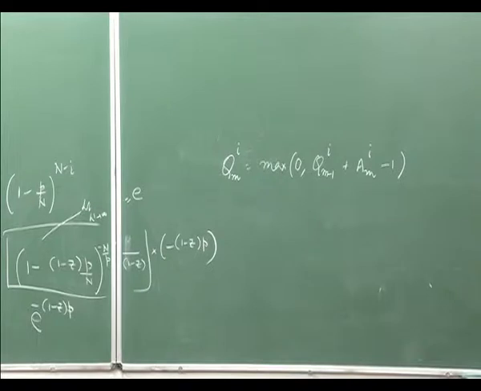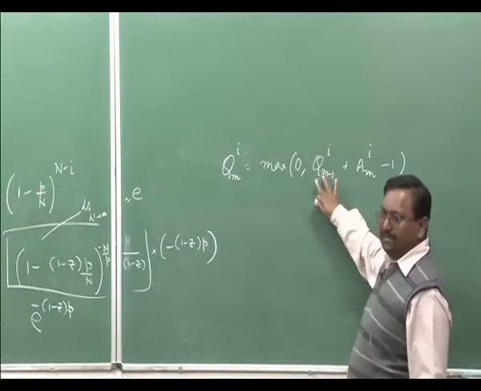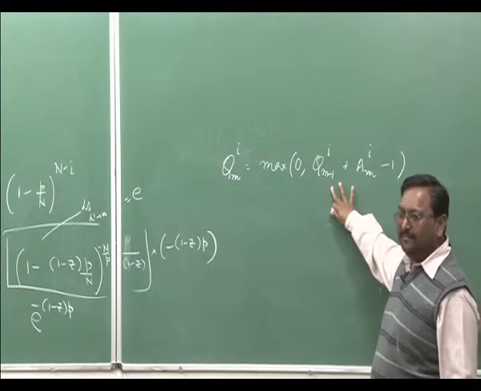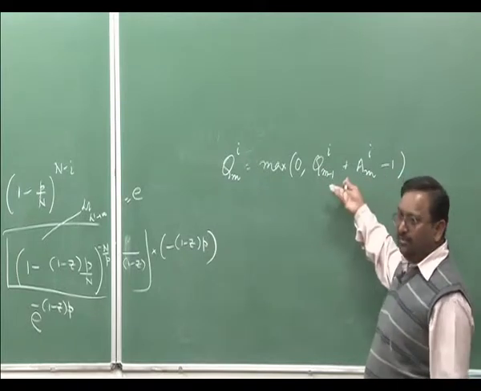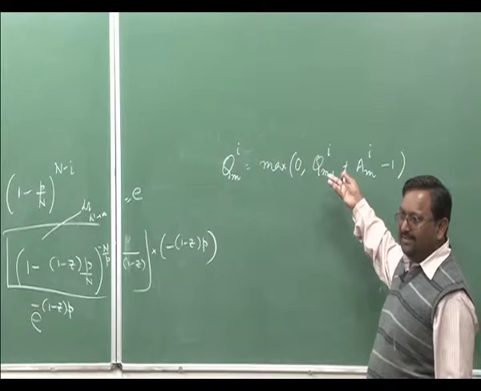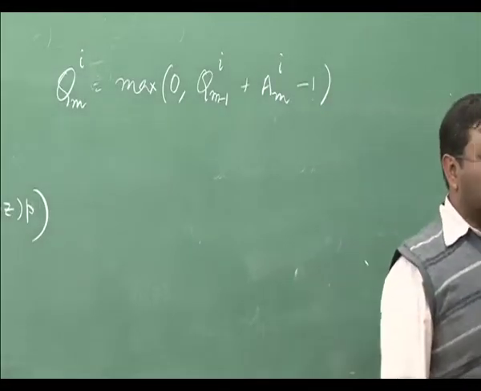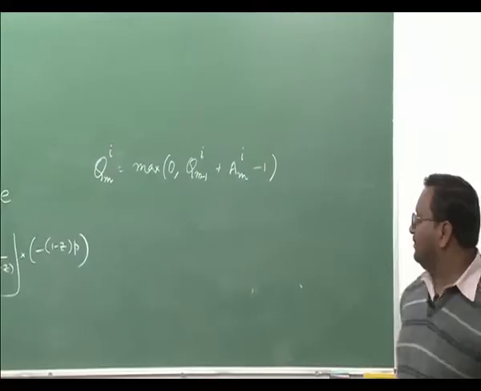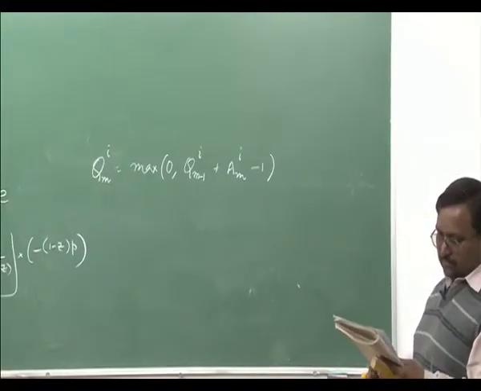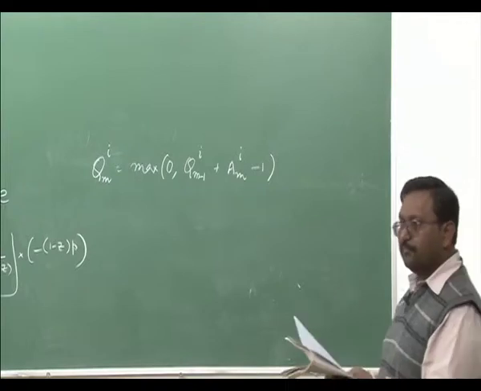So, sometimes it is possible that this sum is 1, 1 minus 1 becomes 0. Okay. So, this value can never be smaller than 0, that is why that maximum operator has been put, maximum of the two. So, this is the batch arrival thing.